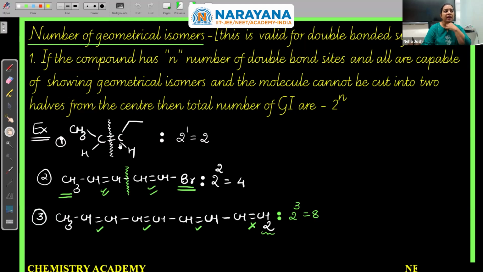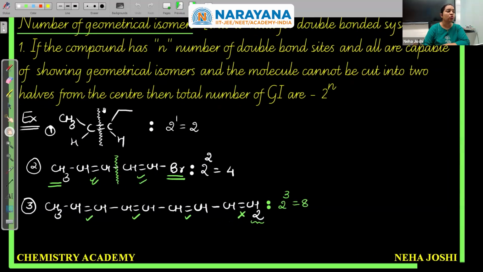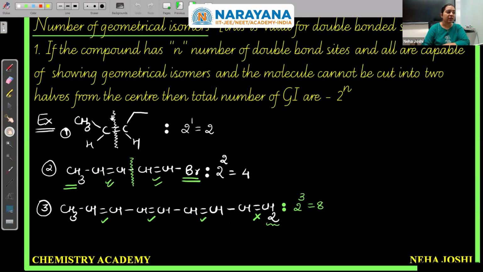So just reminding you, this must be in your notes already. The compound has n number of double bond sites and all are capable of showing GI. If some of them are not capable of showing GI, then you have to take the n value as only those sites which are capable of showing geometrical isomers, and the molecule cannot be cut into two halves from the center.